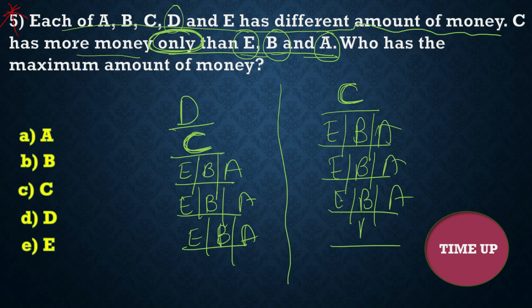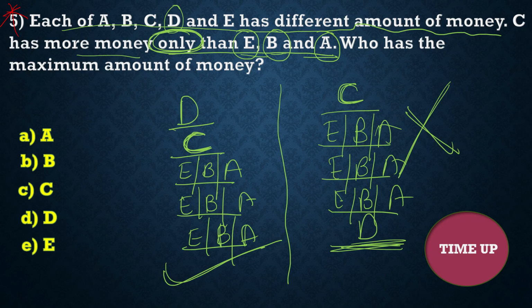So it will come here. Then the sentence in the question, C has more money only than E, B and A, will go wrong because C will have more money than D also. So this diagram is not matching with the statement given in the question. So that's why this will be wrong and this will be the correct one.